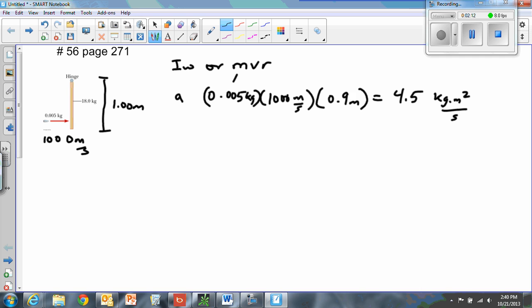The second question is, is mechanical energy conserved in this collision? It says answer that without calculations. We already know if it embeds into the door, that means that energy is taken away from the bullet as it moves all those wood fibers to the side, and there's heat and sound, and so I know that the initial kinetic does not equal the final kinetic, because it's a perfectly inelastic collision.